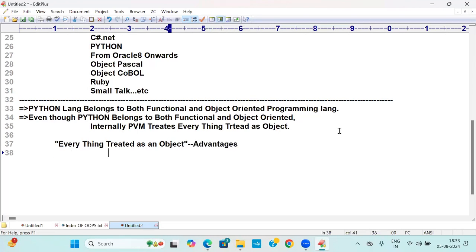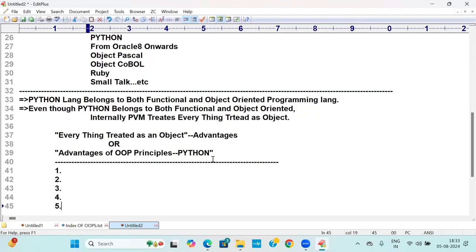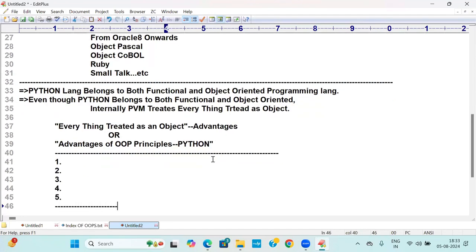In other words, this entire discussion is nothing but the advantages of object oriented principles. I'm going to talk about it in connection with Python. More or less other things will also be the same. And during the discussion, I will talk about functional programming drawbacks also.